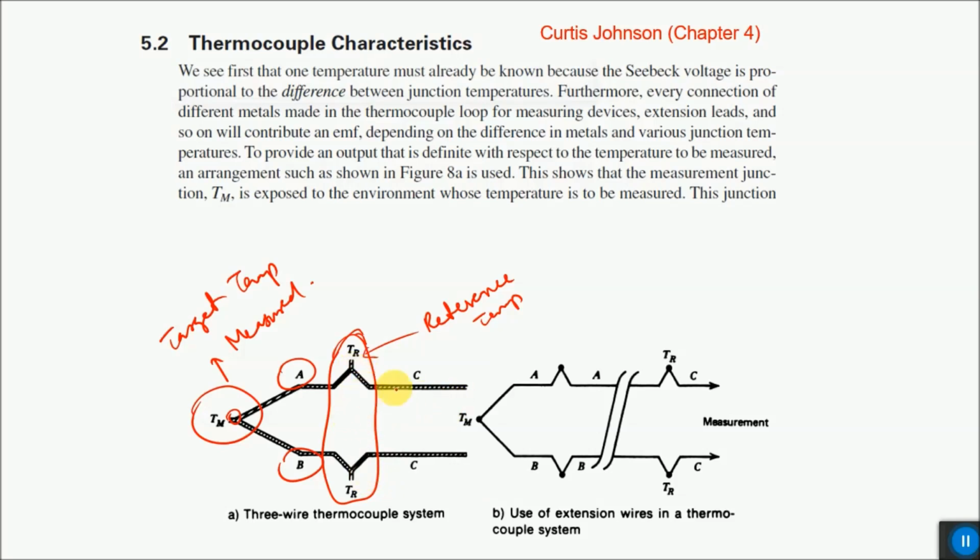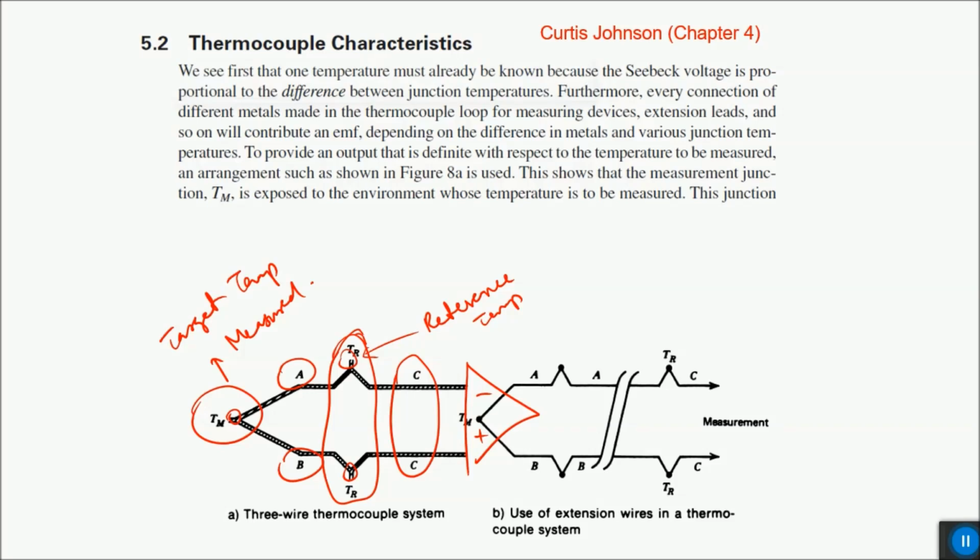These connecting leads are made of a third material C, and C and A, and C and B, are forming some thermocouple at this point and at this point. So it is very important to choose material C such that it does not have any effect of its own on the produced EMF. This C will go directly into the operational amplifier, a differential amplifier.